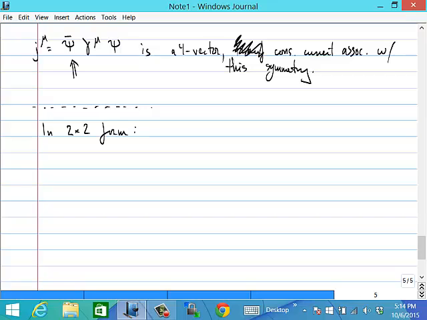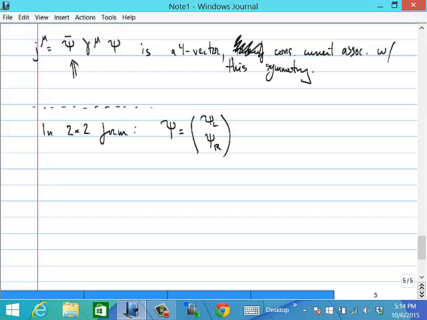Remember those gamma matrices I wrote as 2x2 block matrices? If I took my 4-component spinor psi and wrote it as a set of two-component spinors, one on top of another, then our Dirac equation will take a particularly simple form.